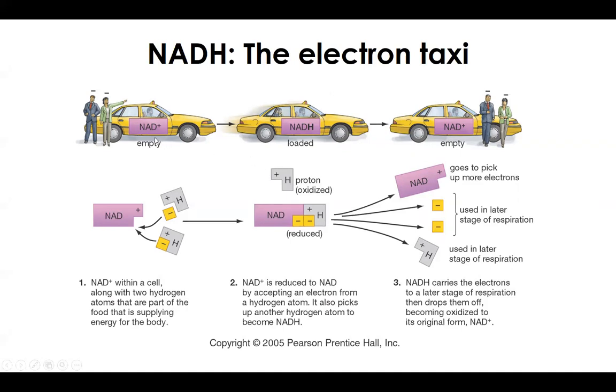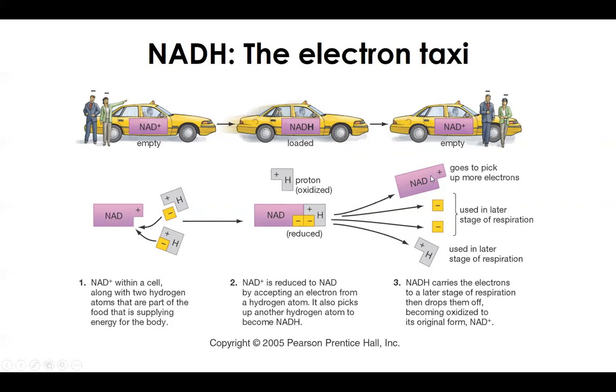So back to our taxi, our NAD plus is empty. It can carry 2 electrons. The electrons get in. This is NADH. Remember, hidden underneath that H is 2 electrons. So this is a full hydrogen and 1 electron.